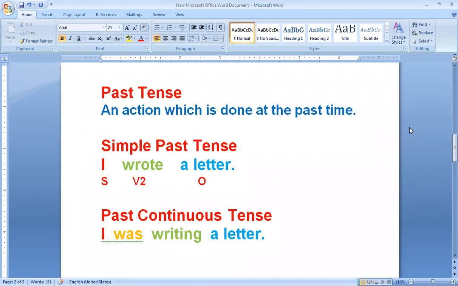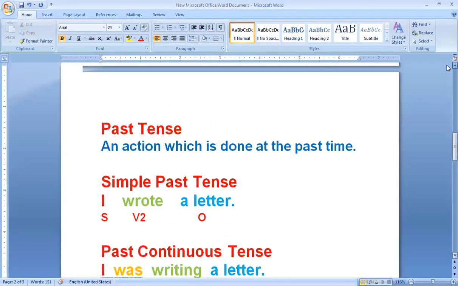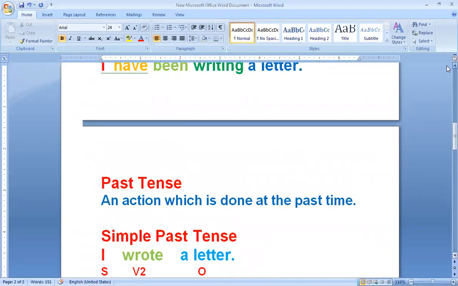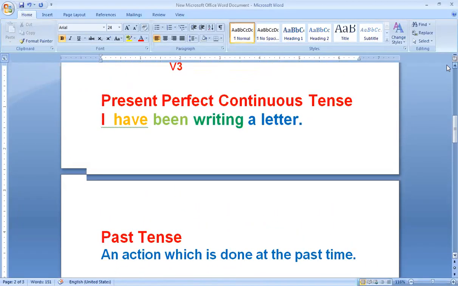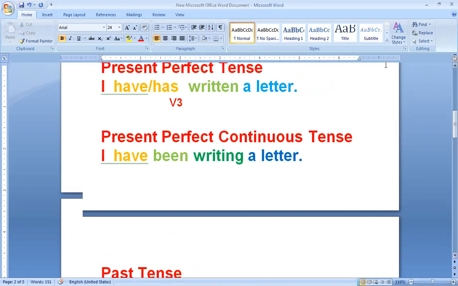Now, dear friends, W-R-O-T-E, wrote, is the second form of the verb, and third form of the verb we have seen in the present perfect tense, written, W-R-I-T-T-E-N, written. So write, wrote, written. Present perfect tense, I have written a letter when an action is recently completed.